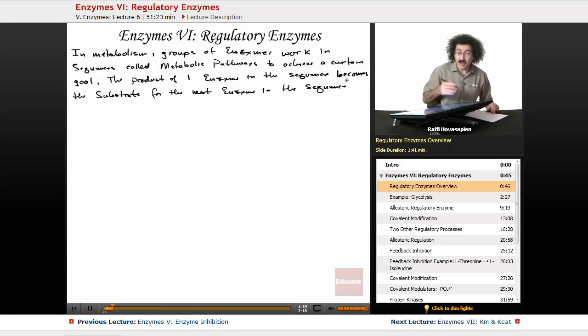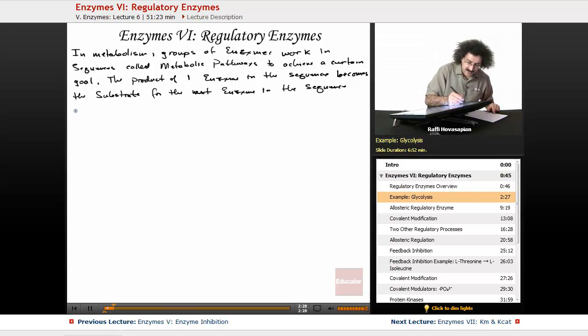Okay, so a good example of this is glycolysis. It's going to be one of the first metabolic pathways that we actually look at when we get to the second part of this class.